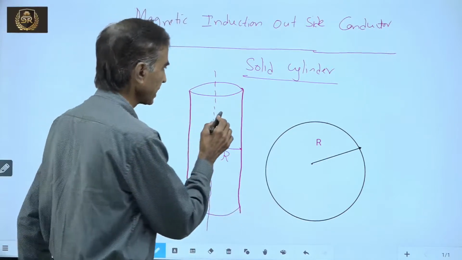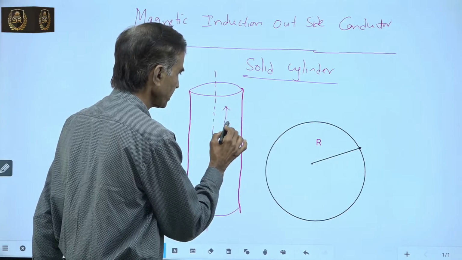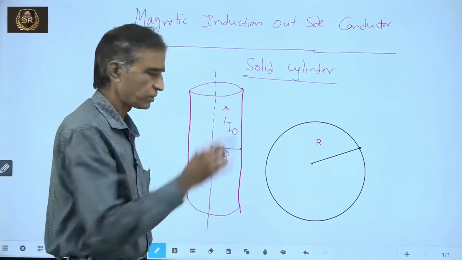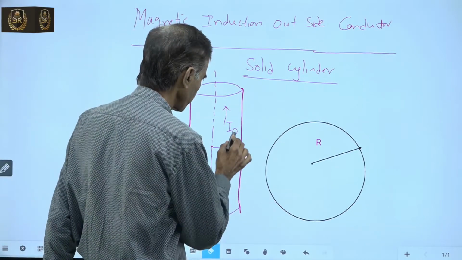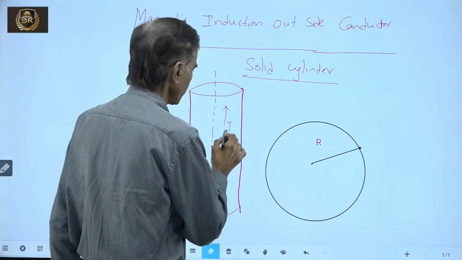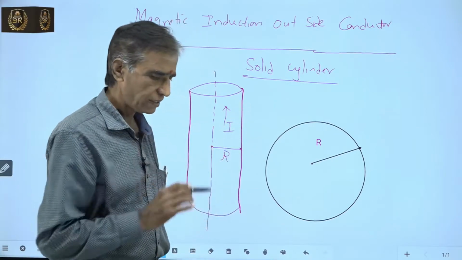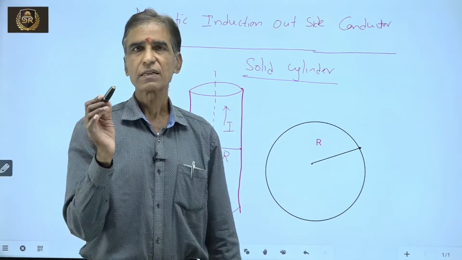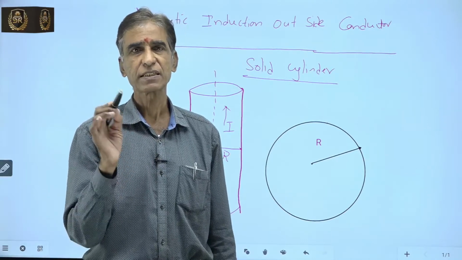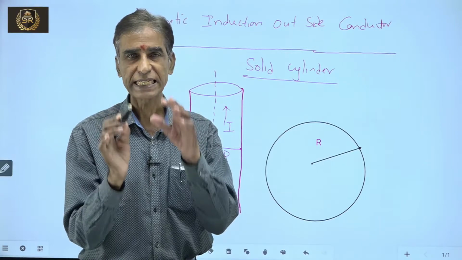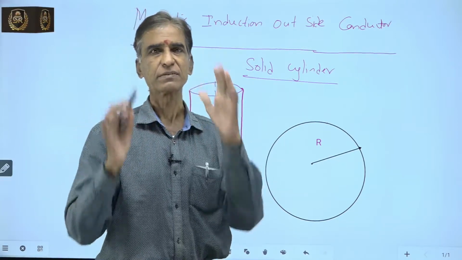Let us say it is carrying current I upwards. I, not I naught, is carrying current I. Now we want to find the magnetic induction at a point a distance r from the center of the conductor, that is from the axis of the conductor.